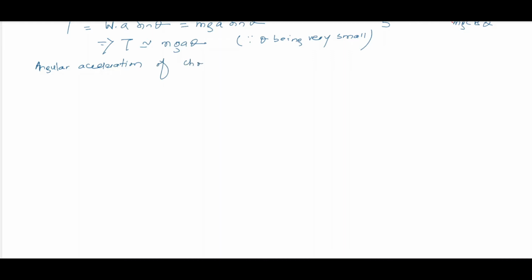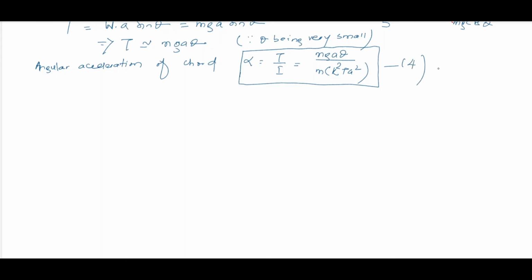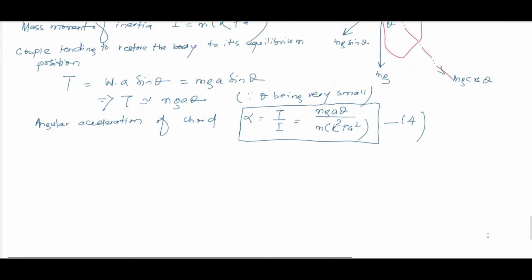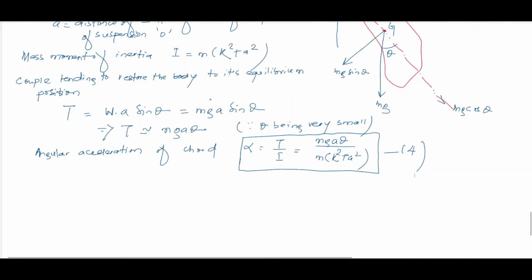Then the angular acceleration alpha is equal to T by I. So it will be mga theta divided by m times k square plus a square. So this is your angular acceleration equation. This one is equation 4, and this one, your T, is equation 3.